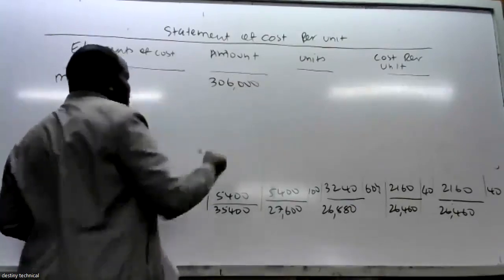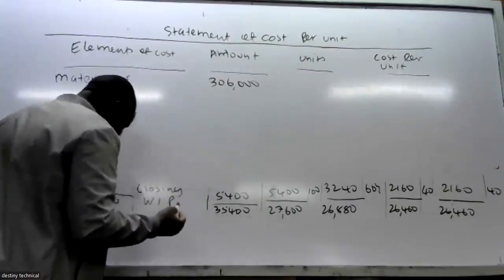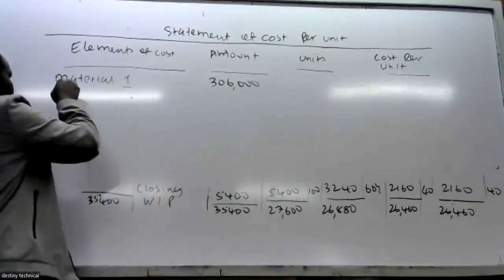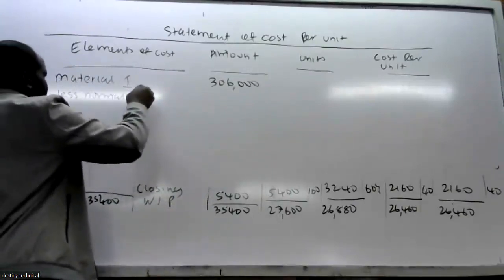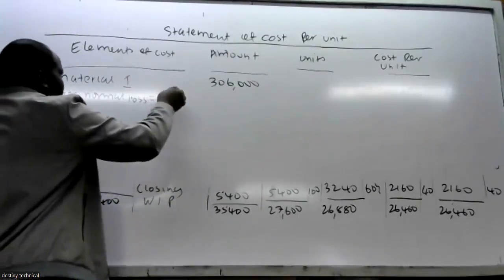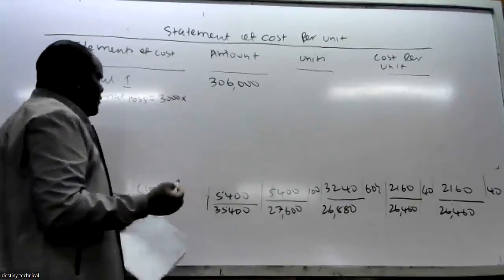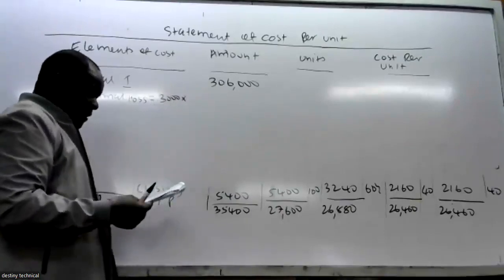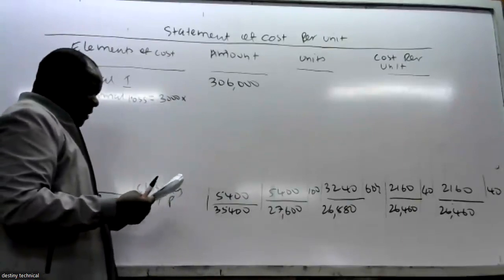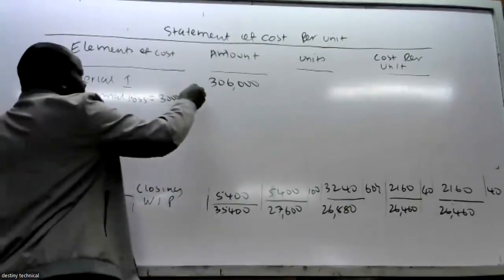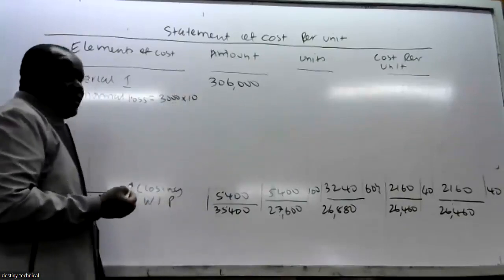But on that figure, you subtract the normal loss. Normal loss, if you remember, was 3,000 units, and in note number 7, the units were scrapped at 10 shillings.